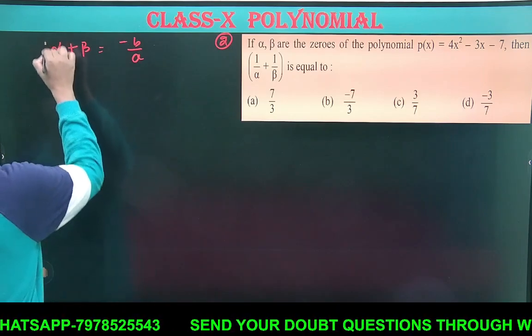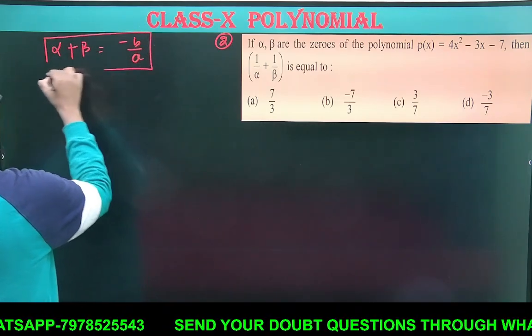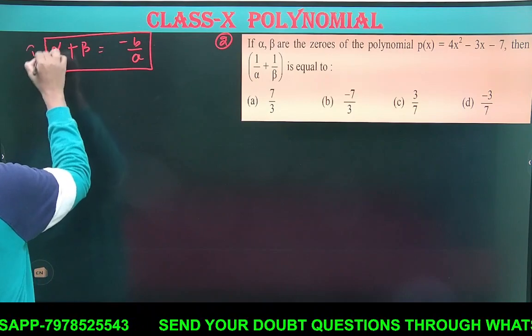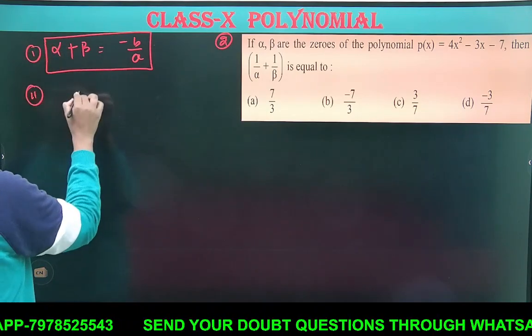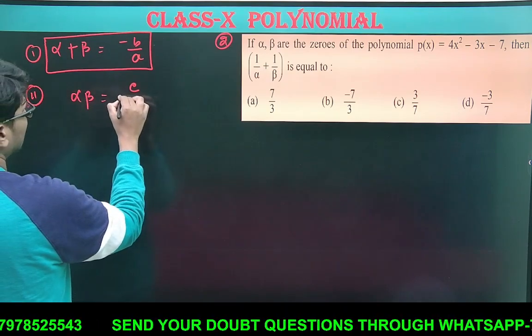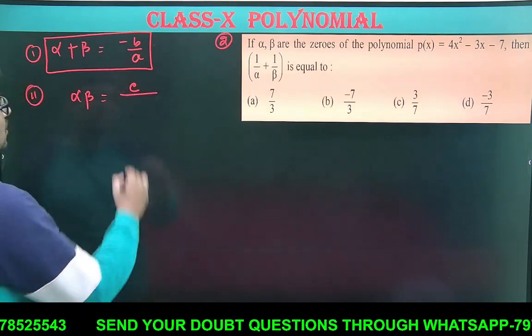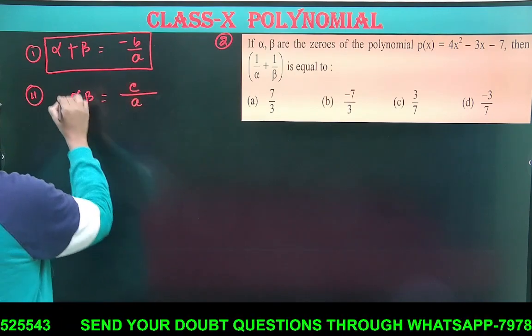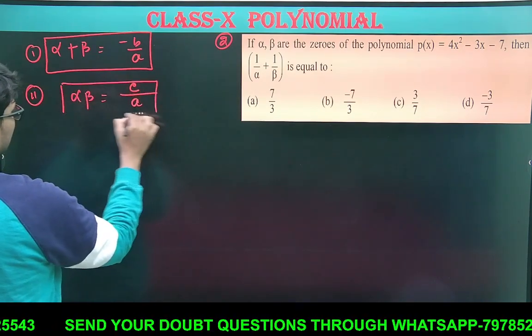This is the first relation, and the second relation is that the product of zeros equals the constant term by the coefficient of x square, meaning c by a.